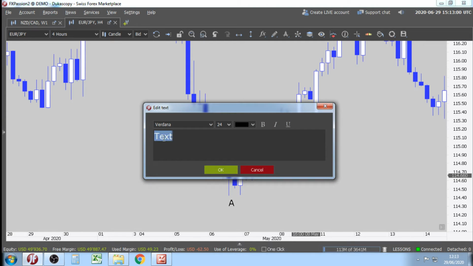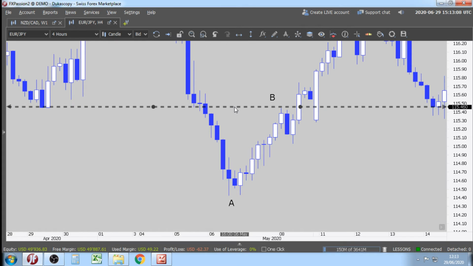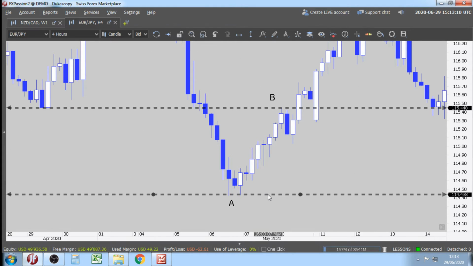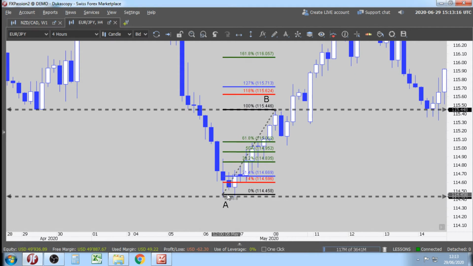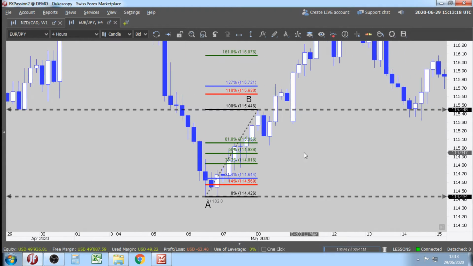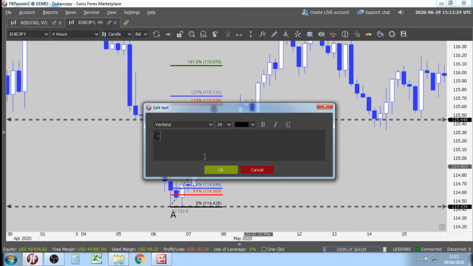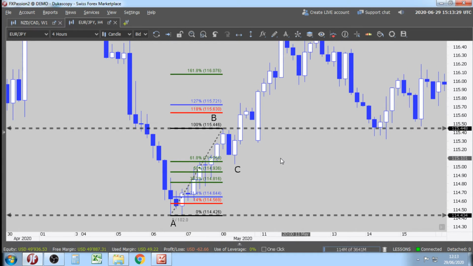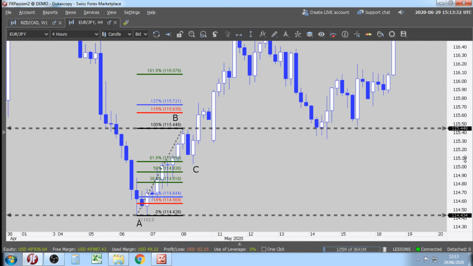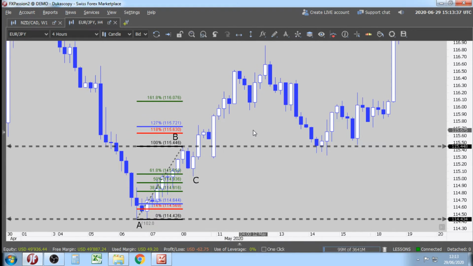The B is the first high as soon as possible after the A. And we are going to help ourselves with horizontal lines on the B, horizontal line on the A. Fibonacci retracement tool, we are going to spread the Fibonacci. And then we said that the C is the lowest point, not necessarily a low, inside the AB boundary, and that the D is the appropriate D extension on the C retracement, right?